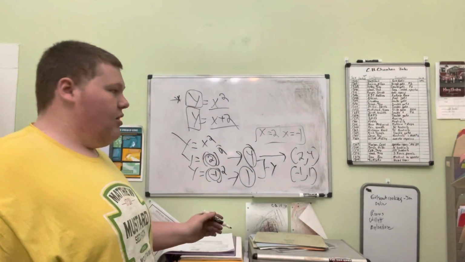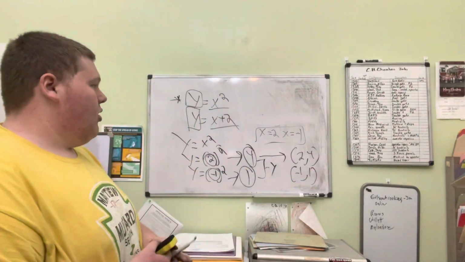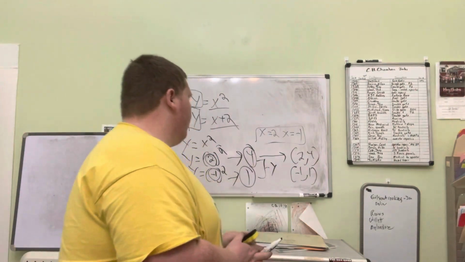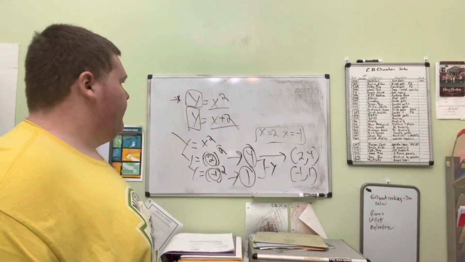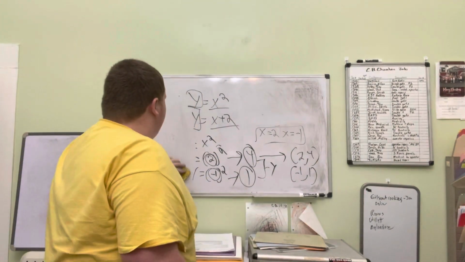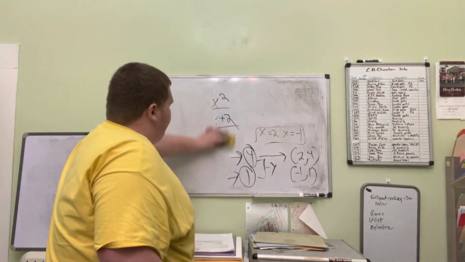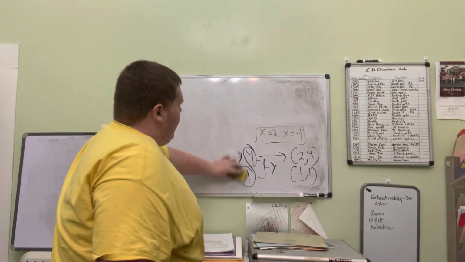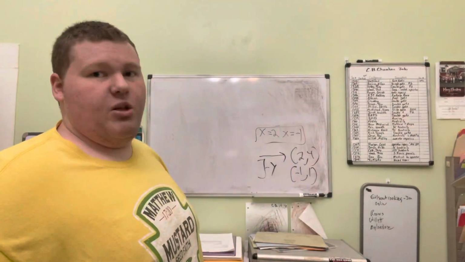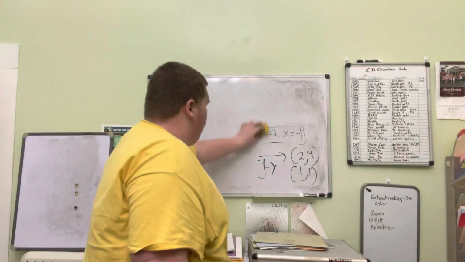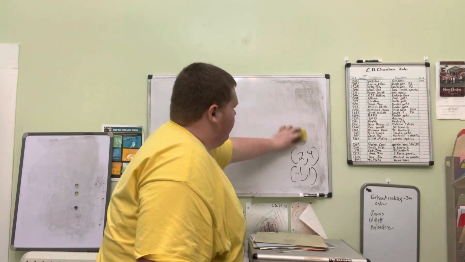You get what I'm saying there? Okay, good. So, 2, 4 and negative 1, 1 are our solutions. And I know they are solutions because y equals x squared, which also equals x plus 2. So these have to be our solutions, these 2 points.